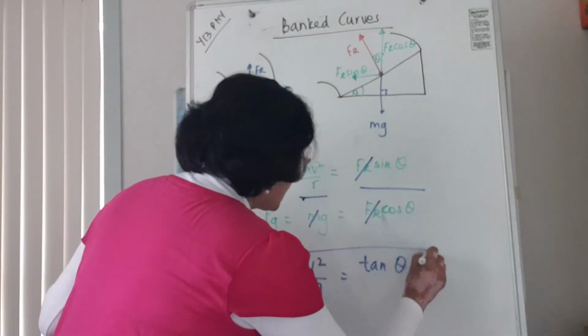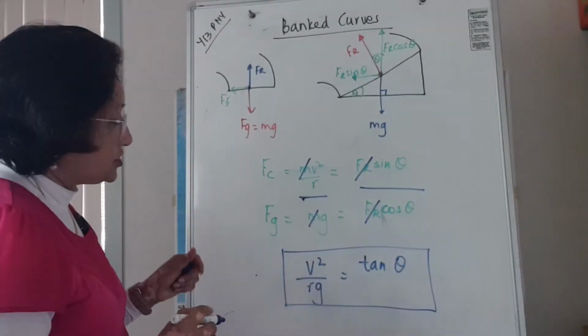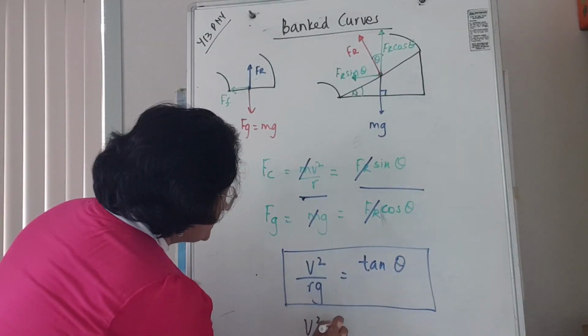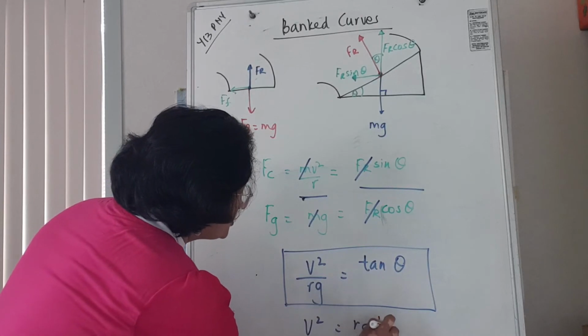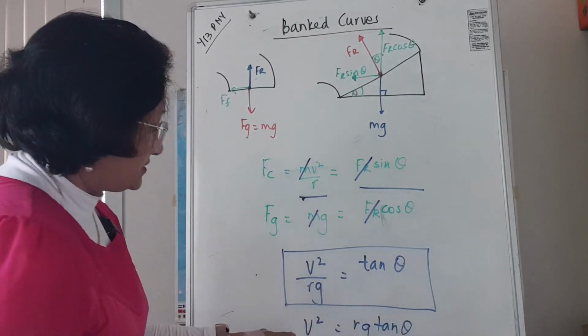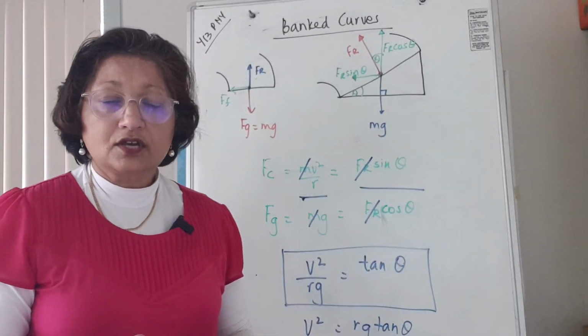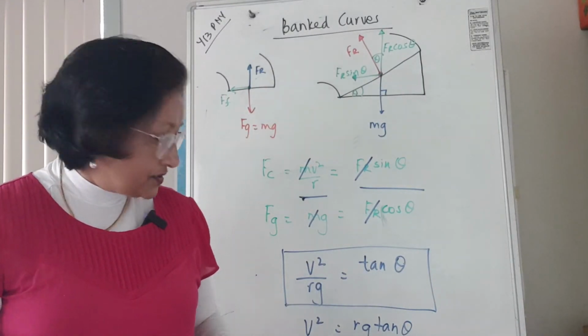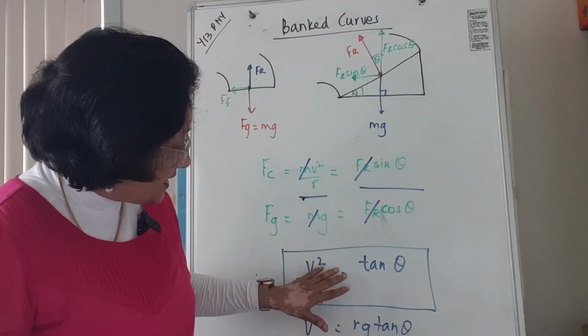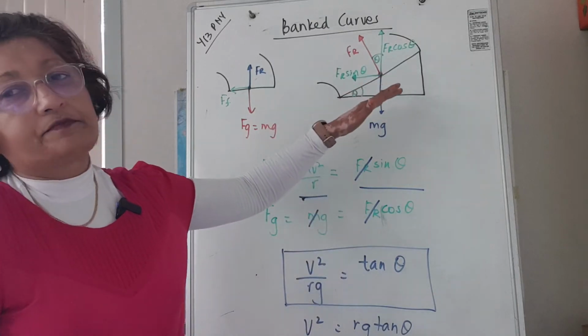So this is quite a useful relationship to know, and I can also rewrite this as v squared equals rg tan theta, or v is equal to the square root of rg tan theta. So this is quite a useful formula for solving problems on banked curves.